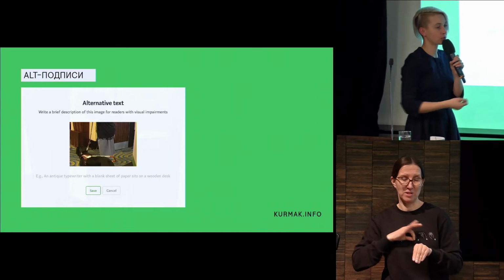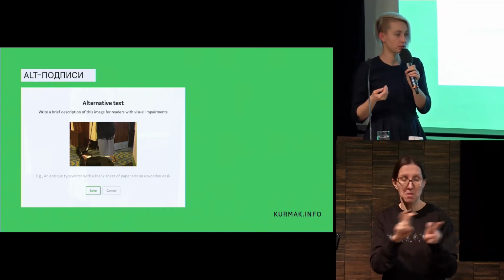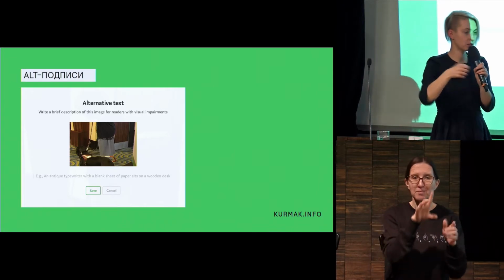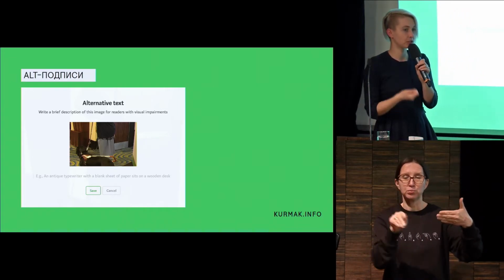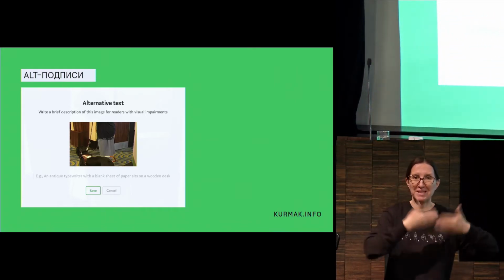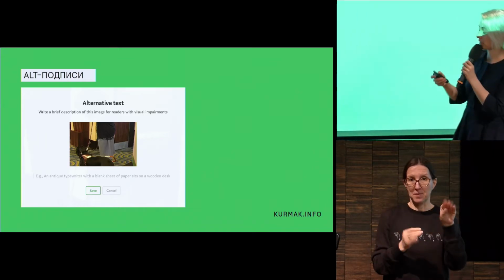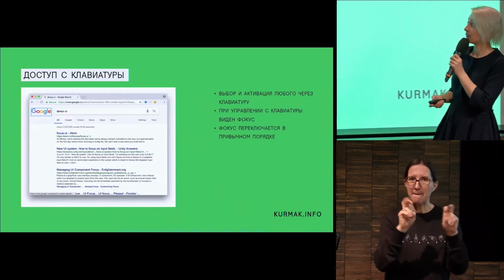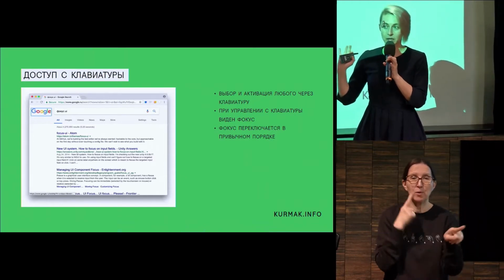Do you want to describe it? And thus, the content is made more accessible for blind people. The same for PowerPoint. When you upload a photo on a PowerPoint presentation, you are suggested to give a caption, to give a title. Then a blind person will hear what picture you decided to place on the page.